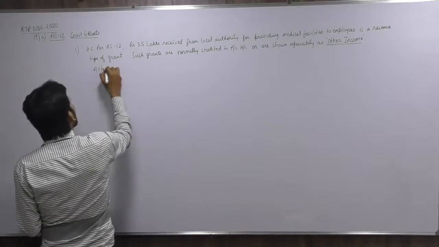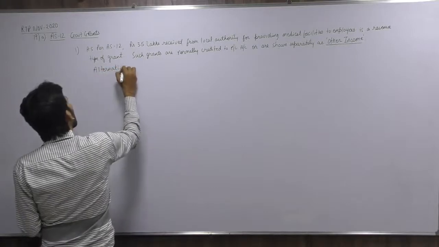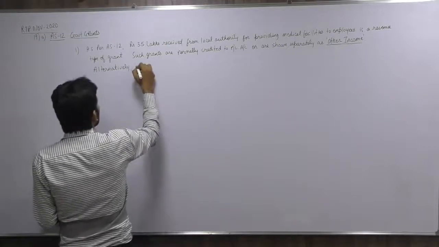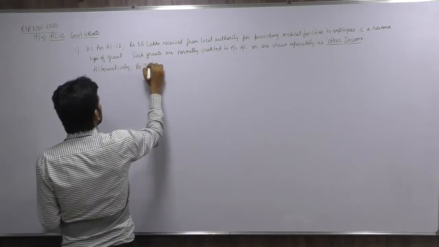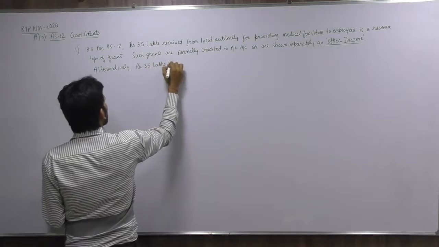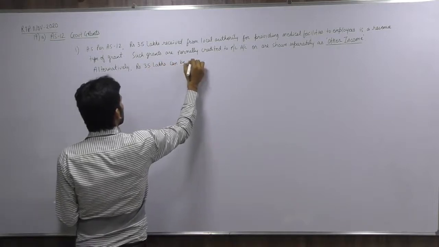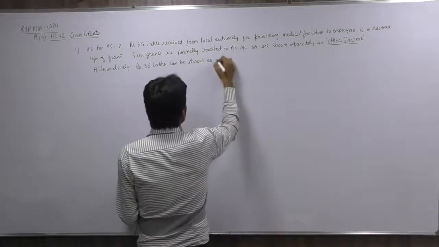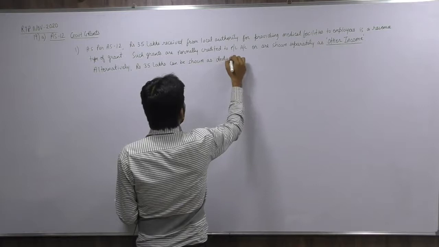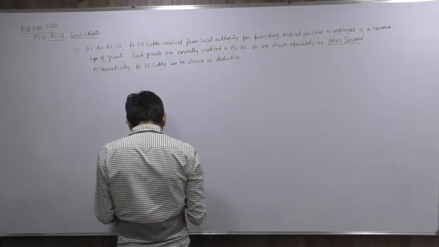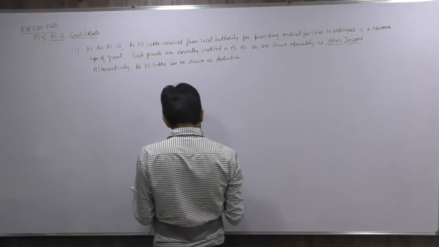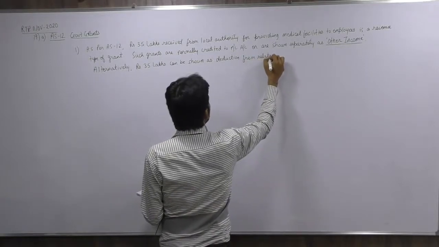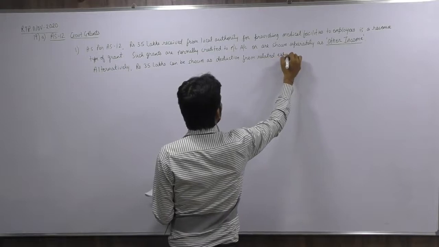Alternatively, rupees 35 lakh can be shown as deduction from the related expenses. That's it. This is our explanation part.